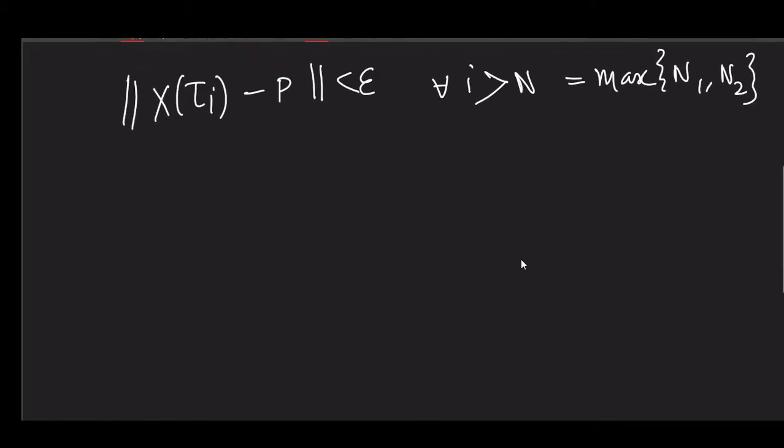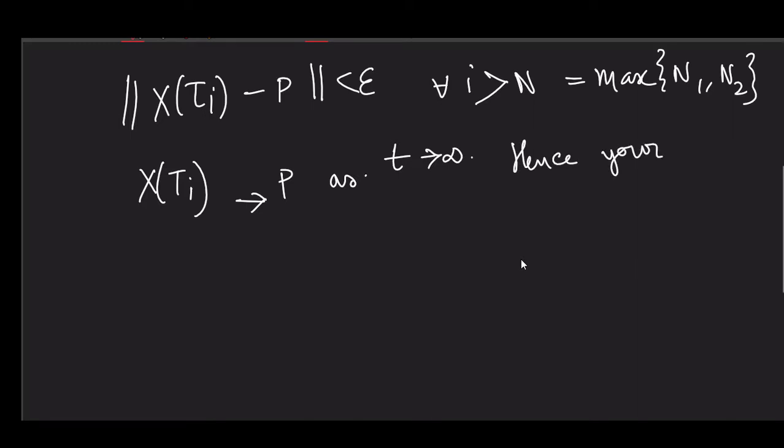So this clearly shows that x(tau_i) tends to p as i tends to infinity. Hence your L plus is closed.